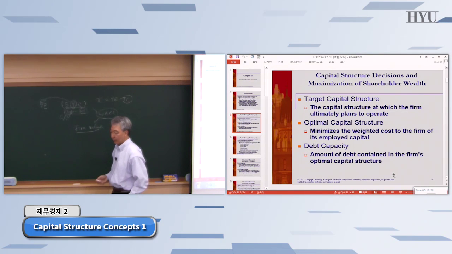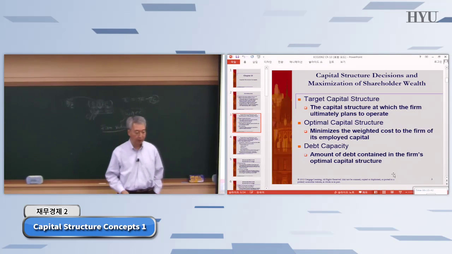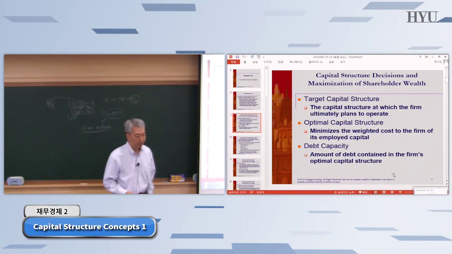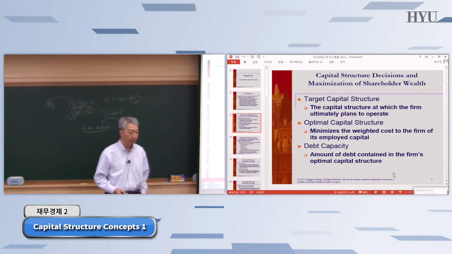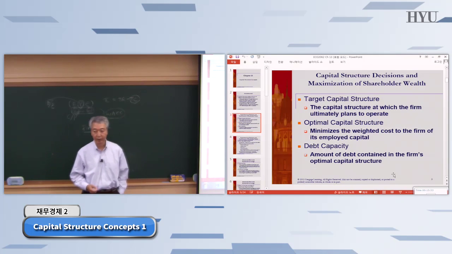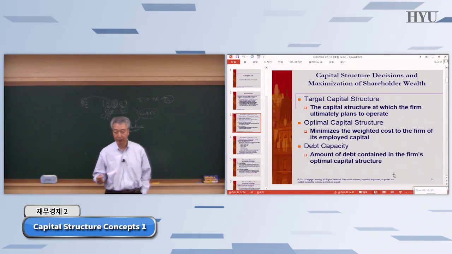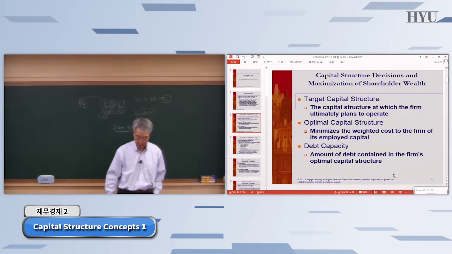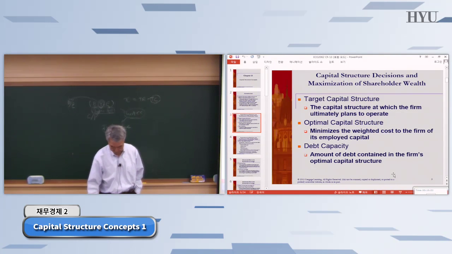That's the idea of debt capacity. Basically, how much money can this company borrow without hurting themselves, without deviating from their optimal capital structure? That's the idea of debt capacity. All right?